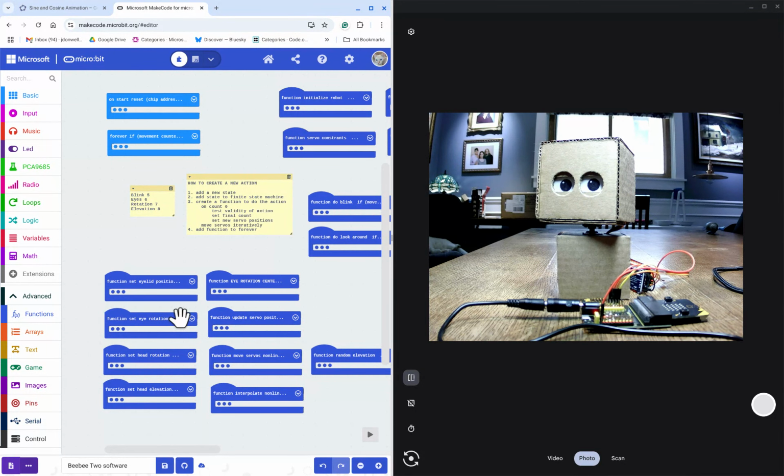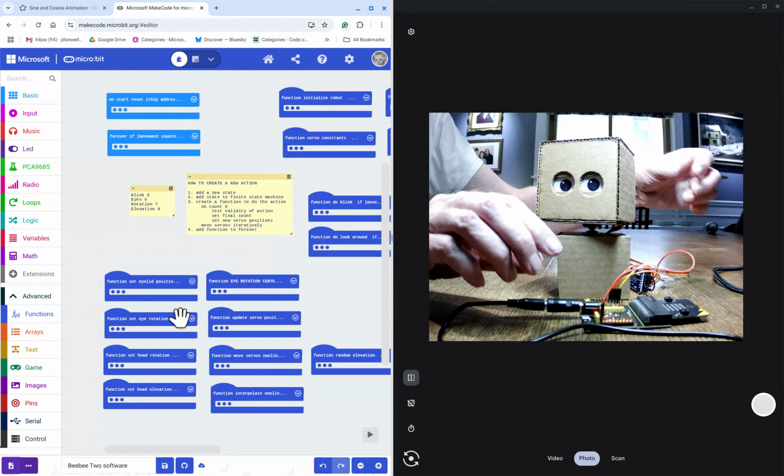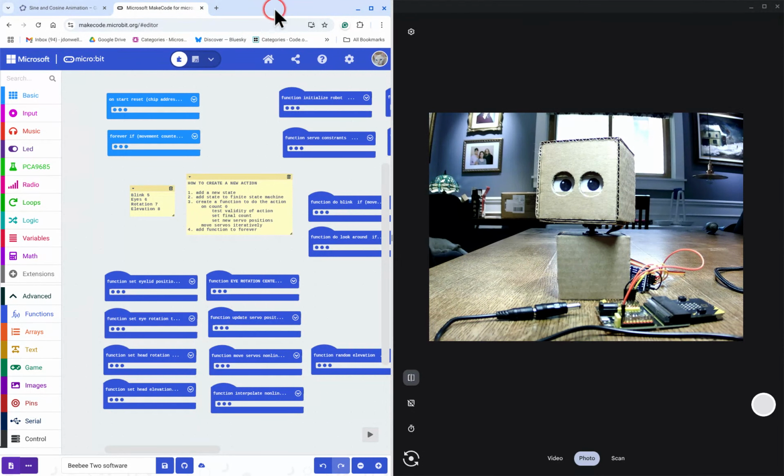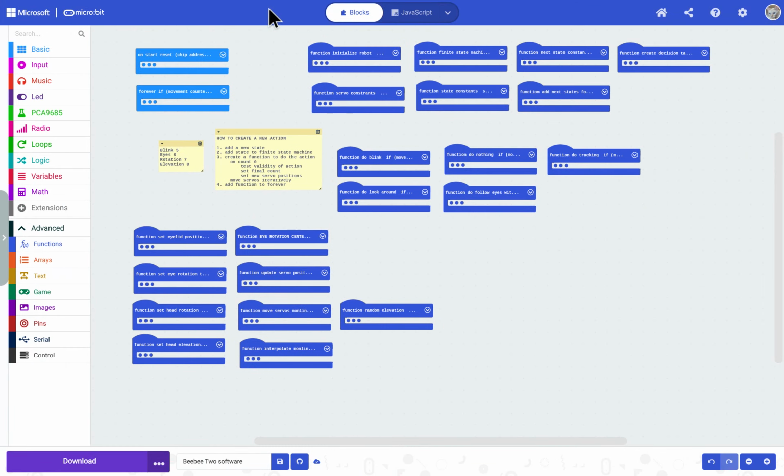Okay. Quite a bit is working. All right. But every time we get a lot working, it's time to go back and look at what we got done.